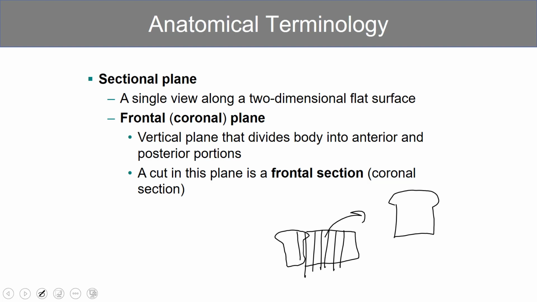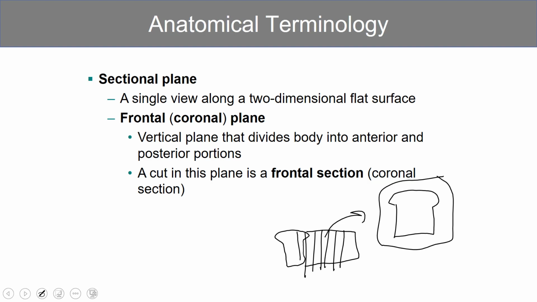Imaging tests such as MRIs and PET scans do exactly that to the body. They section it, and then you're able to pull out a single section, and somebody with knowledge can then read that section to identify abnormalities.